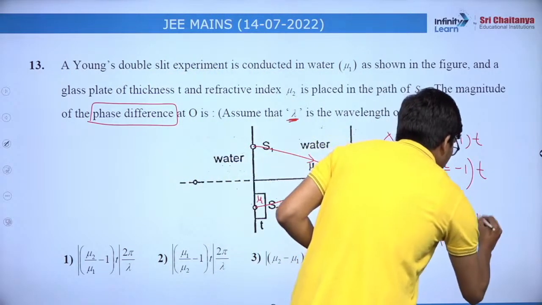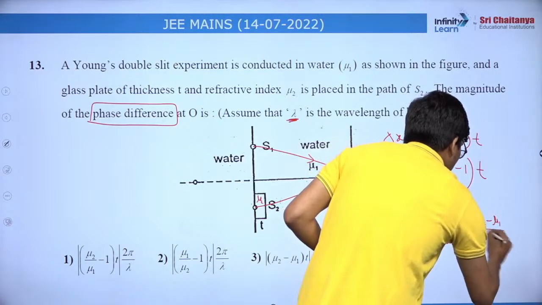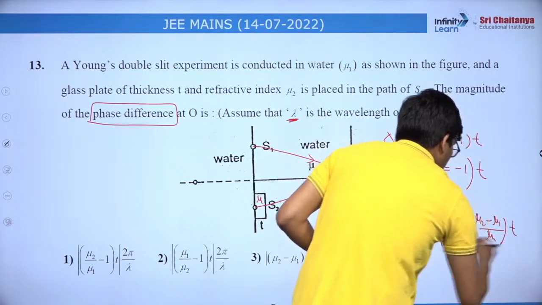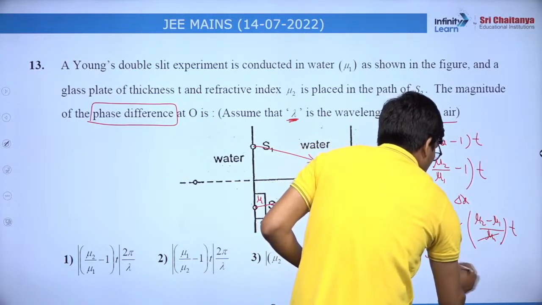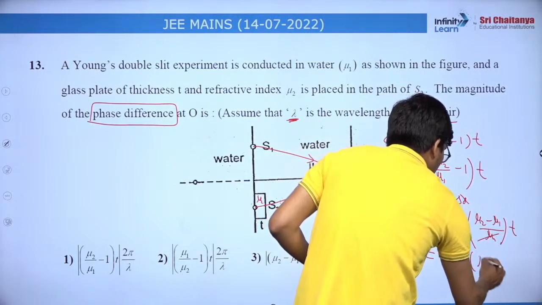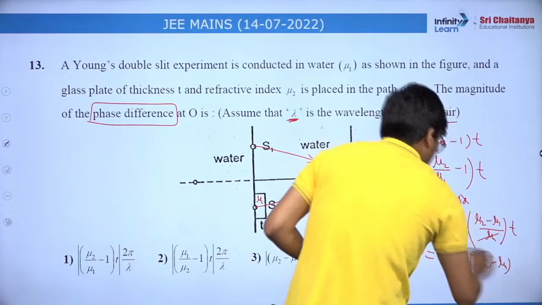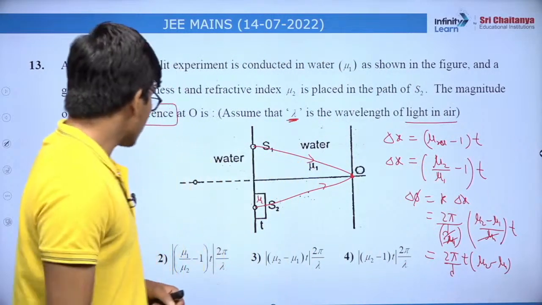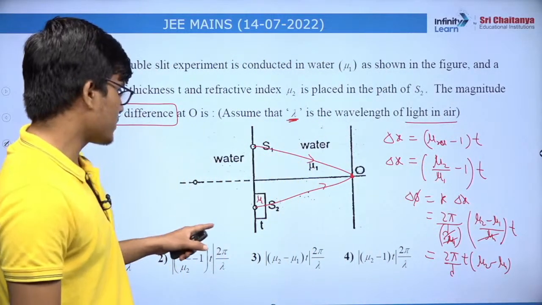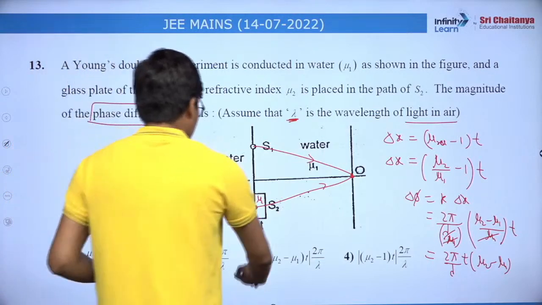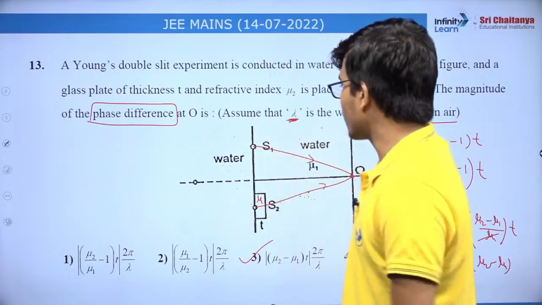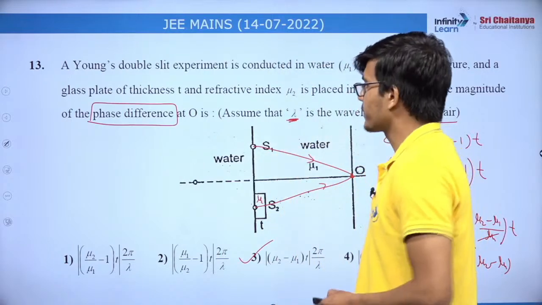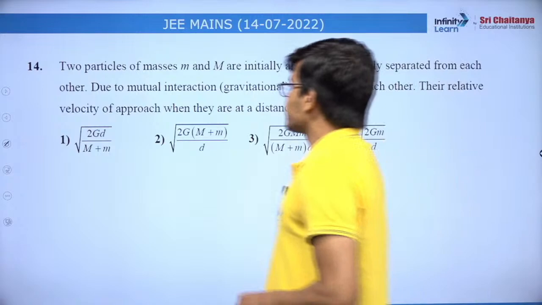And this delta x you can write as (mu2 minus mu1) upon mu1 into t. So this mu1 and mu1 will get cancelled. So your answer should be 2 pi by lambda into t into (mu2 minus mu1). Can we match with the options? (Mu2 minus mu1) into t into 2 pi by lambda, that is third option. Basic question from wave optics, medium type question. Moving ahead.